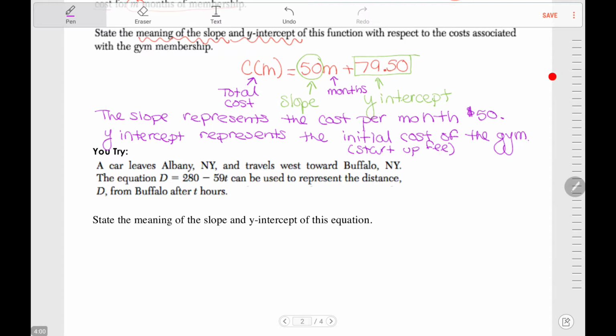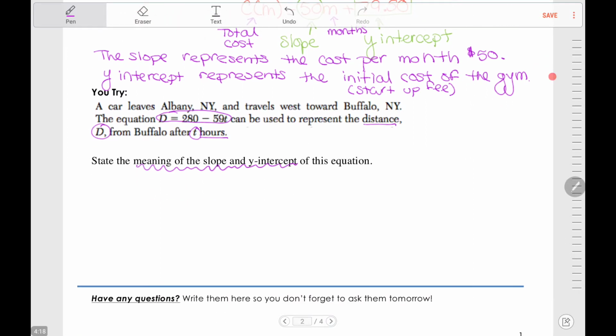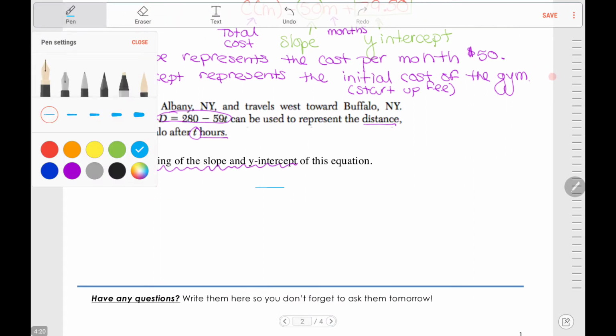Okay. A car leaves Albany and travels west towards Buffalo, New York. This equation can be used to represent the distance, d, after t hours. Same thing, we're going to state the meaning of the slope and y-intercept. So let's write the equation and see what we have.